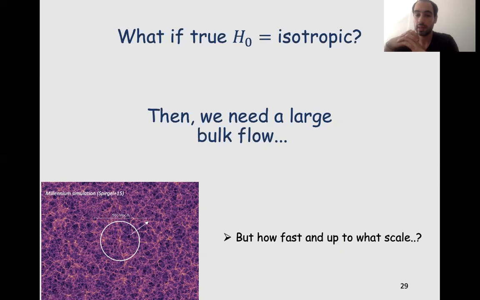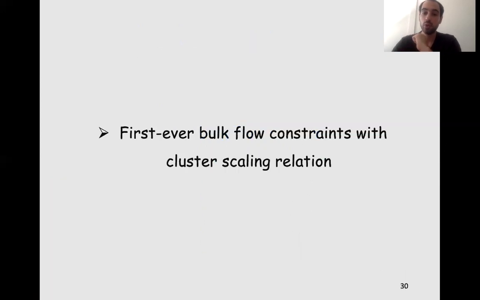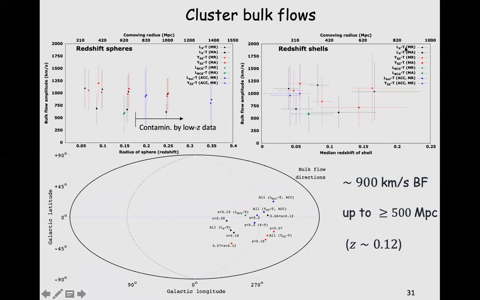The answer to that is a large bulk flow motion. To quantify the scale and amplitude of a bulk flow that would reconcile with our observations, we create the first ever method to constrain bulk flow motions using galaxy cluster scale relations. We use many different scale relations, many different statistical approaches, and many different independent cluster samples, different cosmic spheres and different cosmic cells.